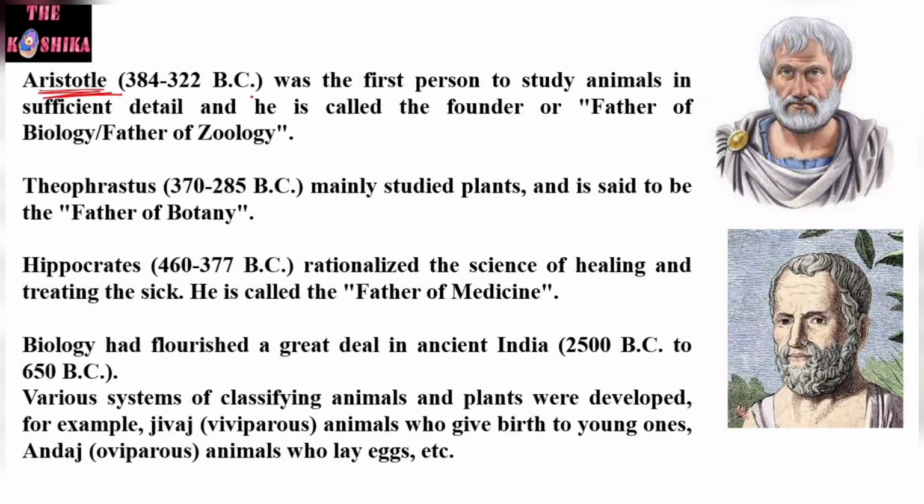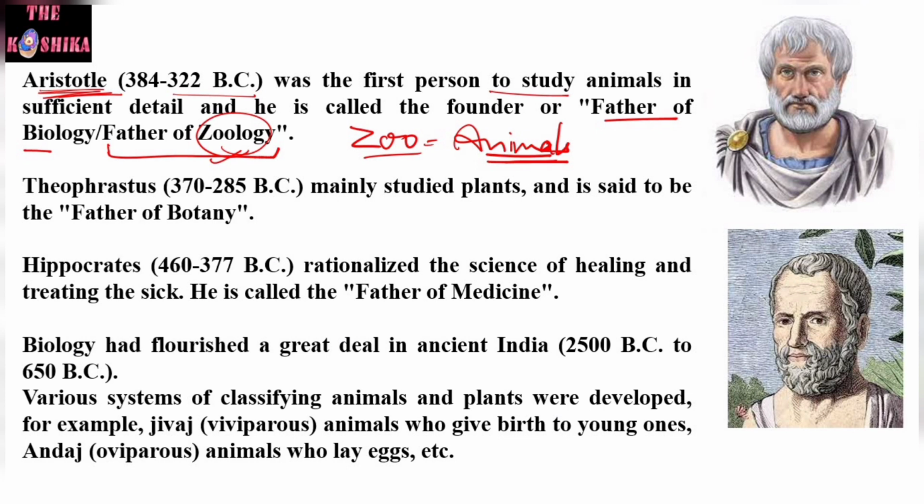Aristotle was the first person to study animals sufficiently in detail, and so he is known as the father of biology, also known as the father of zoology. Zoology means zoo, and zoo means animals.